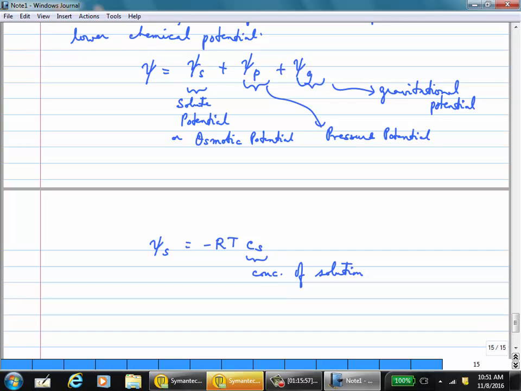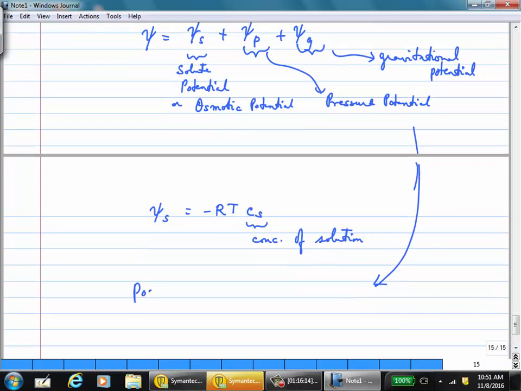Psi p is the pressure potential, right? So if you apply positive pressure, you're going to raise the potential. If you increase the pressure, you can force the water out. So pressure potential, if you have positive pressure, that's basically like compression. And in plants, it's also called the turgor pressure.